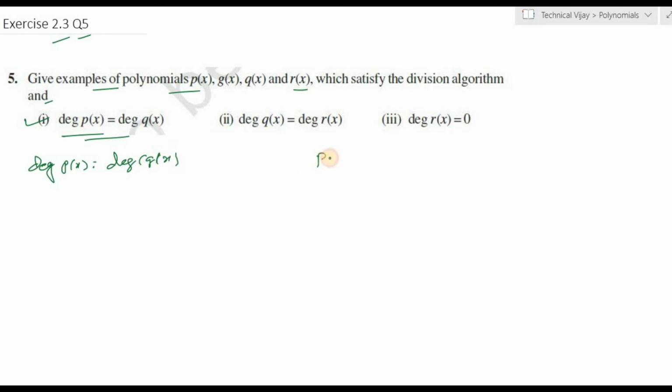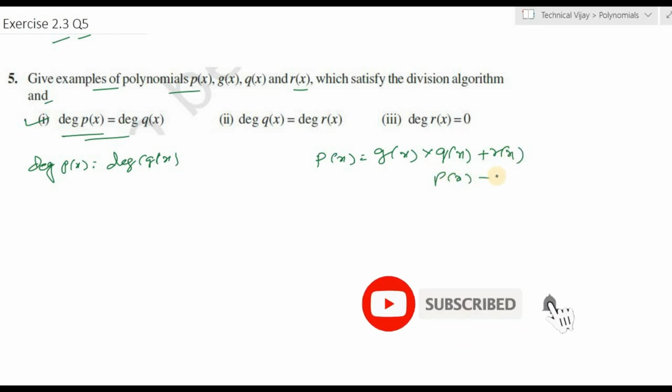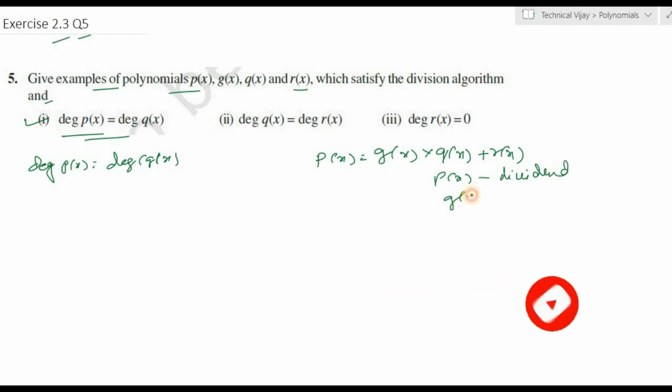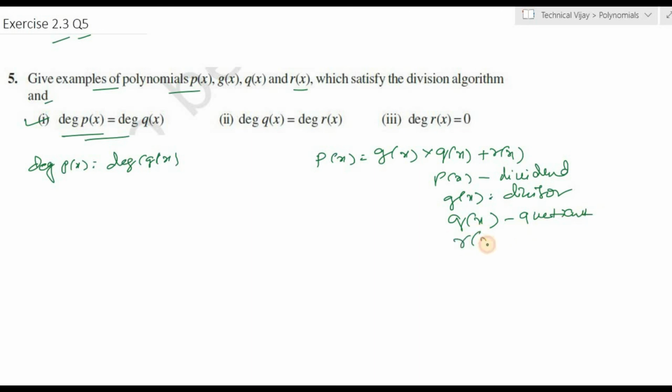Here we know that p of x is equal to g of x into q of x plus r of x. Here p of x is nothing but the dividend, g of x is the divisor, q of x is the quotient and r of x is the remainder.